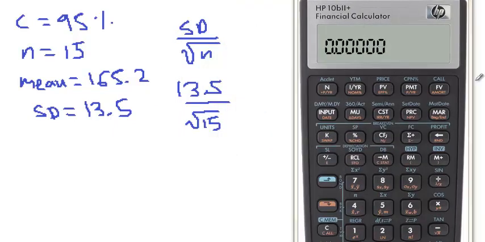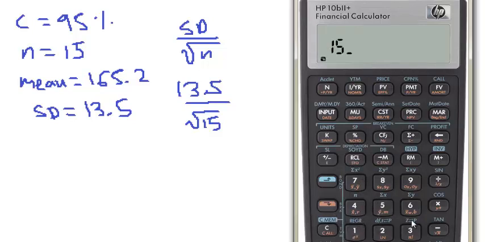Let's take 15 and take the square root of that, which is 3.87298. So we will take 13.5 and we will divide it by... what did we have over here?